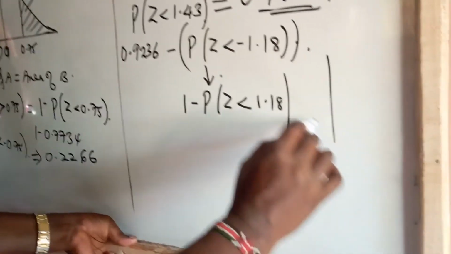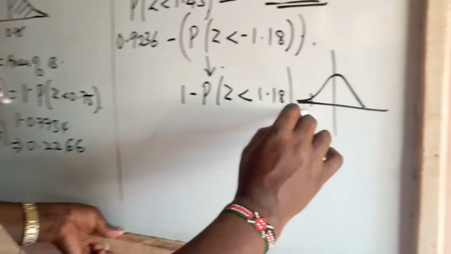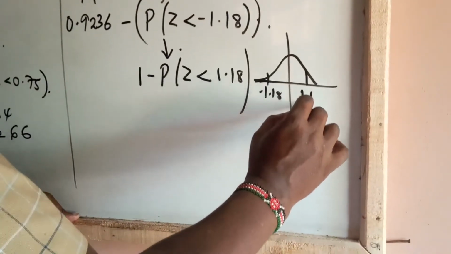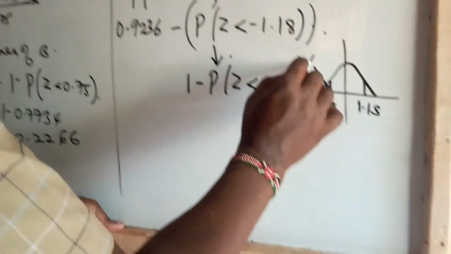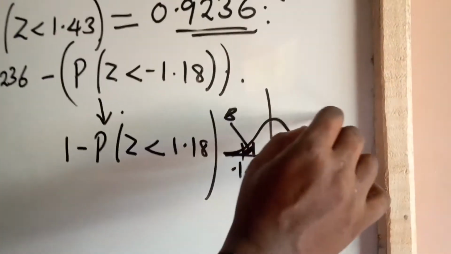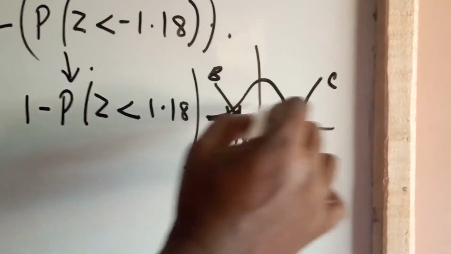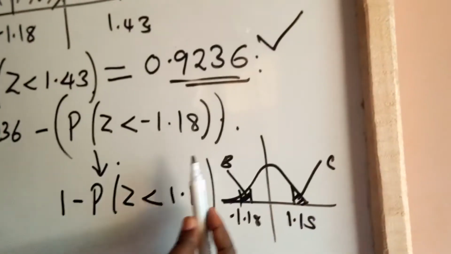Because again, by symmetry, if we have negative 1.18, there is a positive 1.18, and this region here, call it region B, is equal to region C. So we are talking about now this one. So 1, the whole of this, minus to the left.